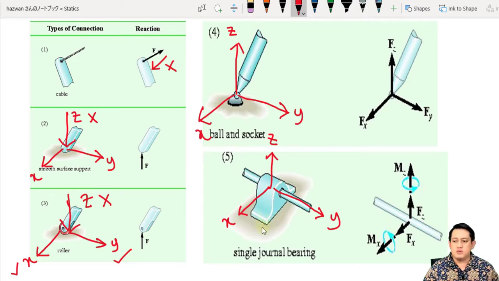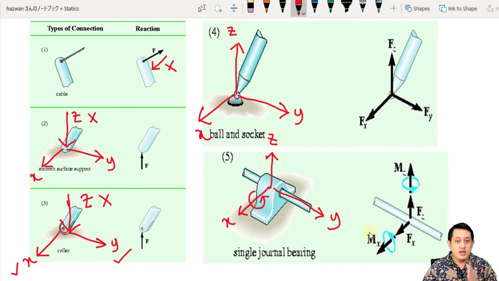What about moment? For the X direction, the rotation should look like this. Can we rotate this rod in this direction? The answer is cannot. We cannot rotate like this. Therefore, we have a reaction moment.